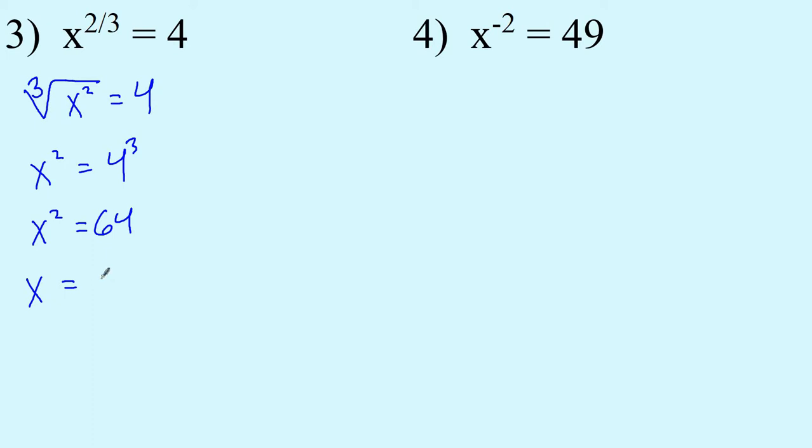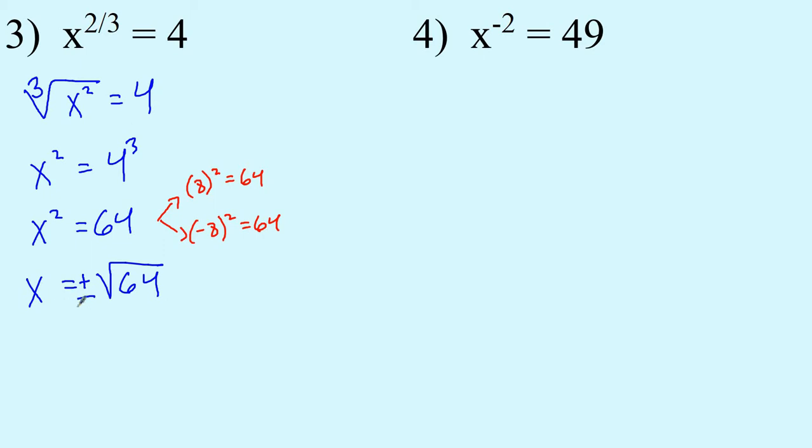All right, remember when we take the square root, we have to do plus or minus. Anybody know why? Yeah, all right, because we have to remember that 8 squared equals 64, but also negative 8 squared is 64. A lot of people forget this, so I'll just keep on explaining it.